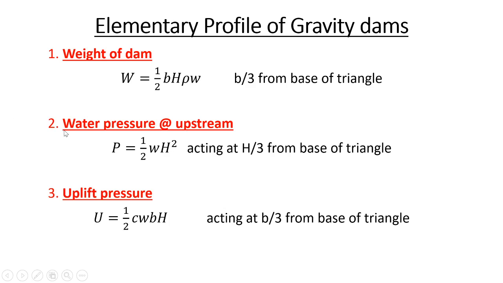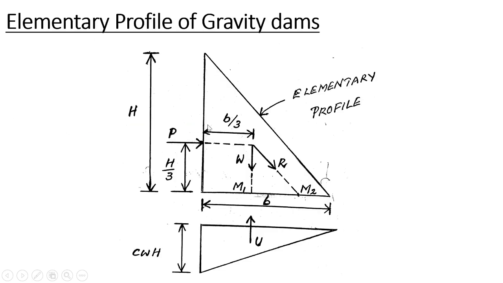Moving to the next force, that is the water pressure at upstream. You know how to calculate the water pressure, or the force due to water, from stability analysis. The basic equation is W into H square divided by 2.